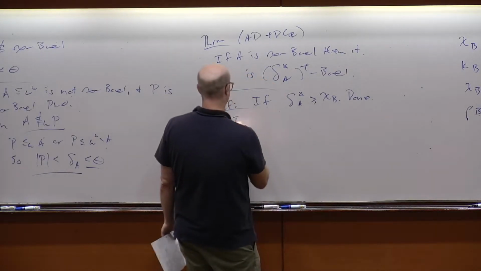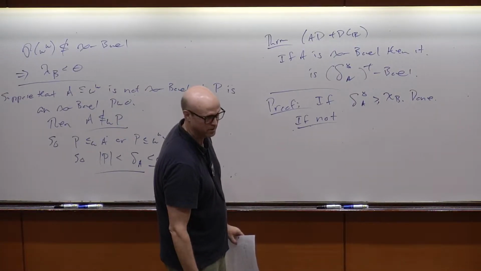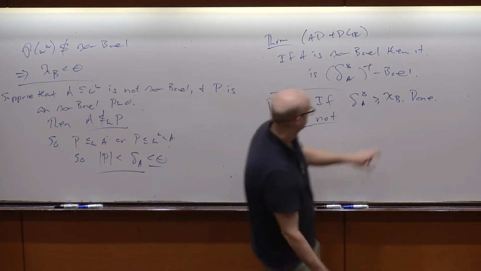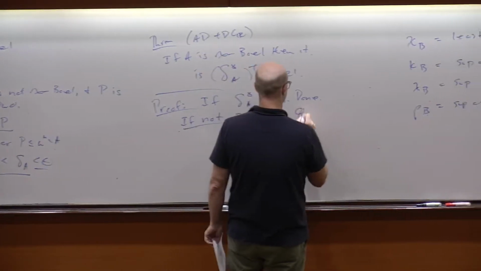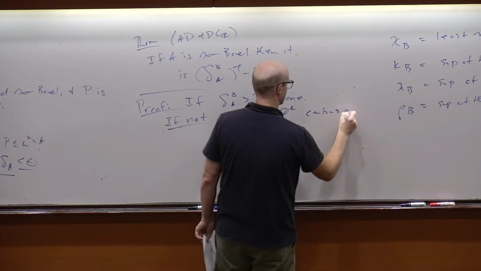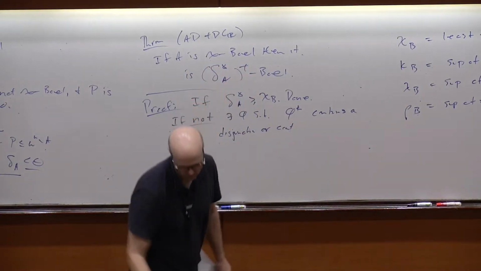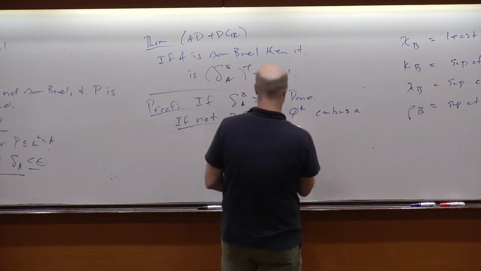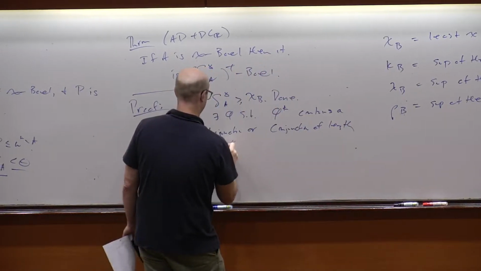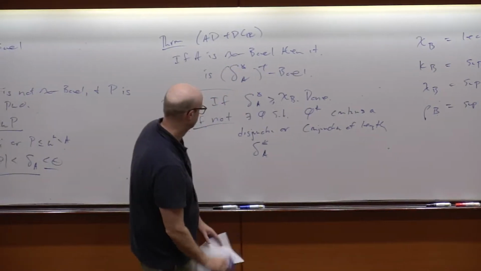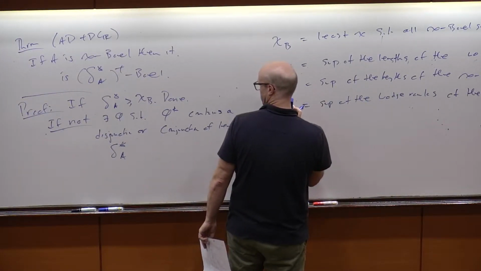So if not, there exists some phi such that when I run the star operation phi star on it, it contains a disjunction or conjunction of length delta star A. When I run this process, I don't always get down below there.